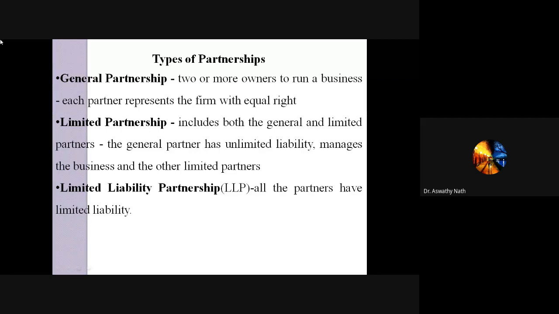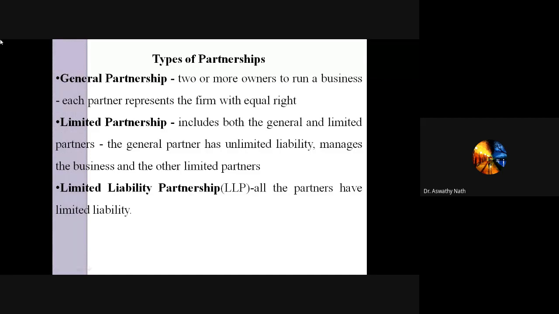And another one is limited partnership. I hope you have heard about limited partnership and limited liability partnership. Limited partnership is different because it includes general partners and limited partners also.